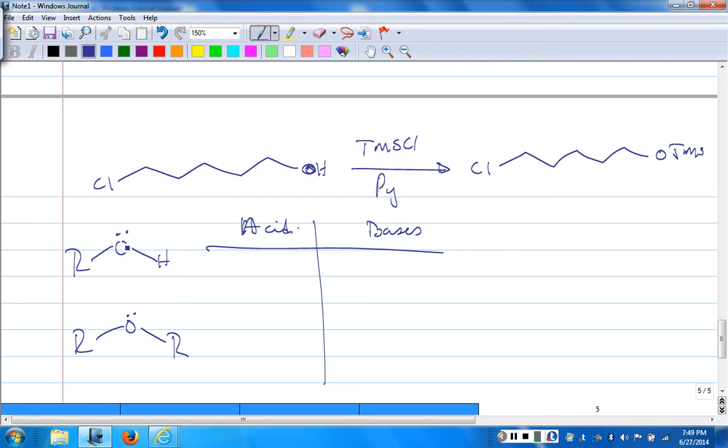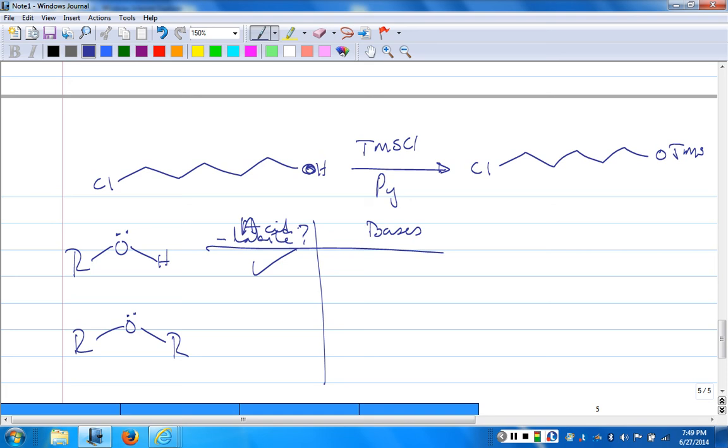Alcohols are basic by virtue of the lone pair. They react with acids. So I'm going to ask, are alcohols acid labile? And the answer is yes, because if the compound is basic, it will react with acids. It will react under acidic conditions. It would be reactive under acidic conditions. It would be labile under acidic conditions. It is acid labile.